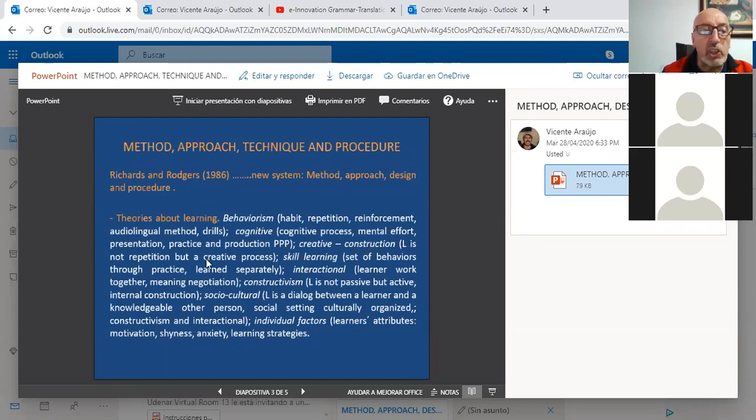Language is not repetition, but a creative process, they say. Language is not just repetition, as behaviorism stated. No, it's a creative process. I would say that it's almost the opposite. Habit versus creativity.